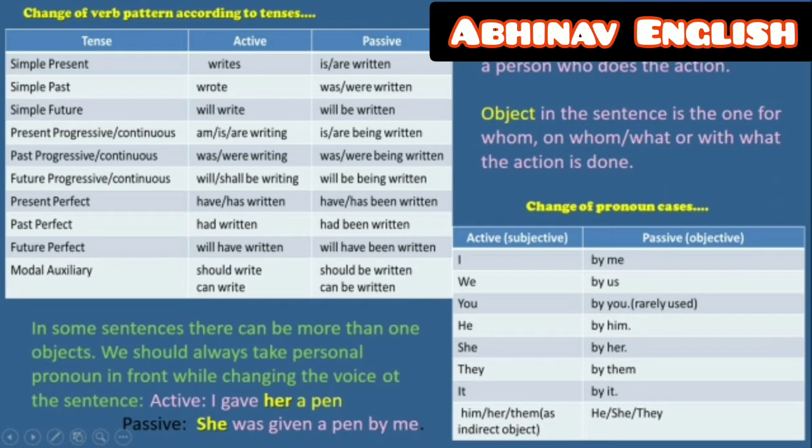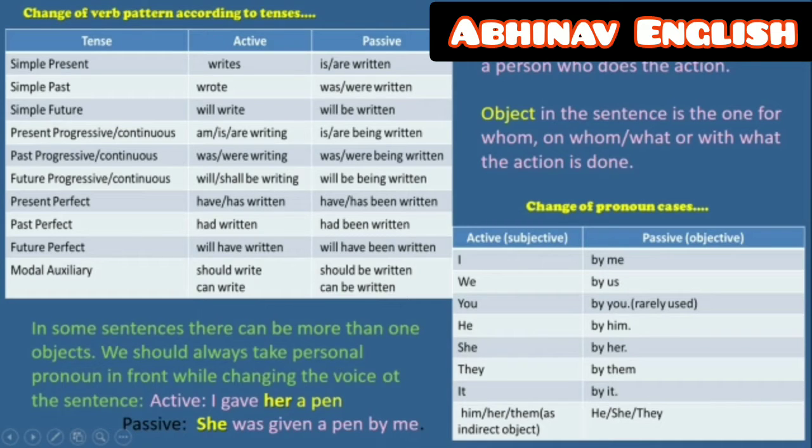Simple future, will write in active, will be written in passive. You can go through the list over there and just focus on modal auxiliary. If there is modal auxiliary in active voice like should write or can write, we make it should be written or can be written in passive. So that is the list of verb patterns as they change according to tenses from active to passive.